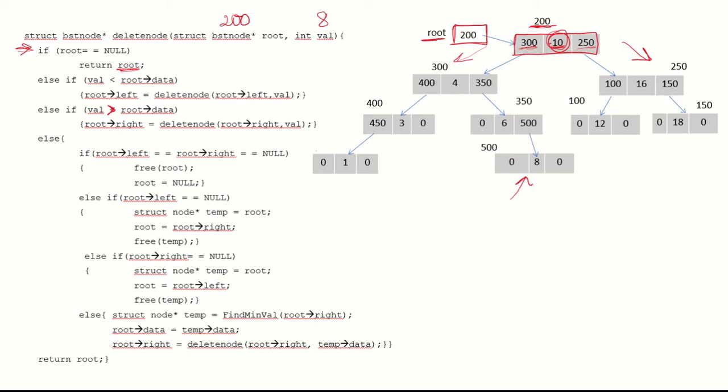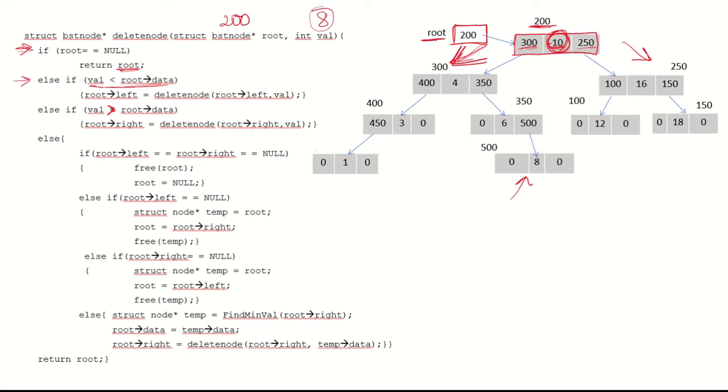Here our tree is not empty, so we come to the next statement, which is a condition to check whether the value is less than root data or not. Our value is 8, root data is 10, so that means our value is less, so we have to traverse the left subtree.